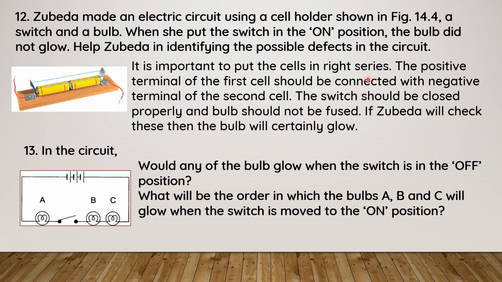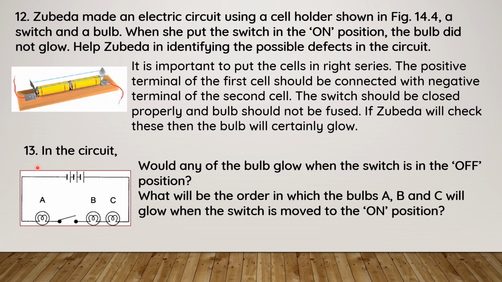So the positive terminal should touch the negative terminal of the other cell. The positive terminal of the first cell should be connected with the negative terminal of the second cell. The switch should be closed properly and the bulb should not be fused. If Zubeda checks these, then the bulb will certainly glow. So this answer also you can write in your notebook.